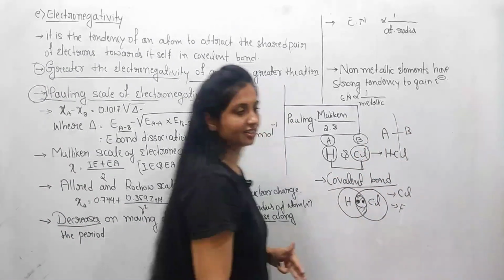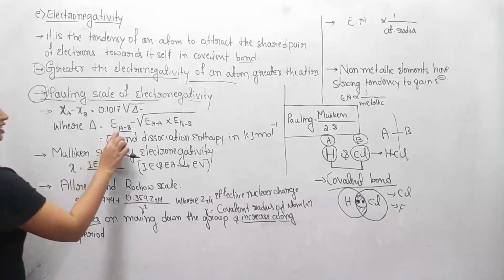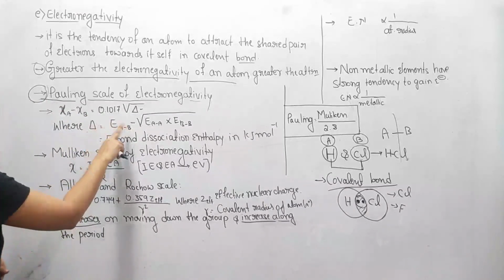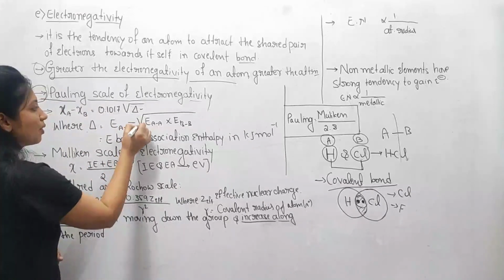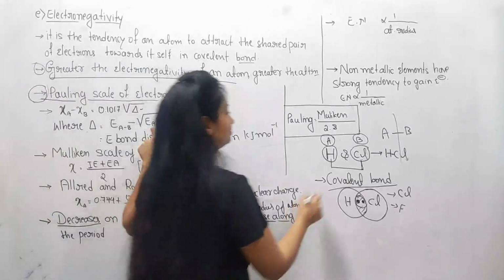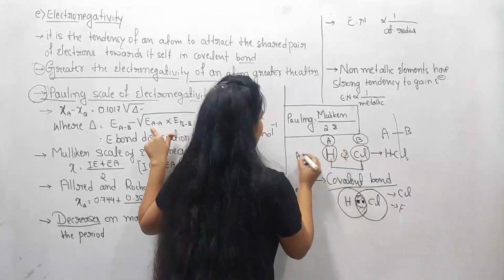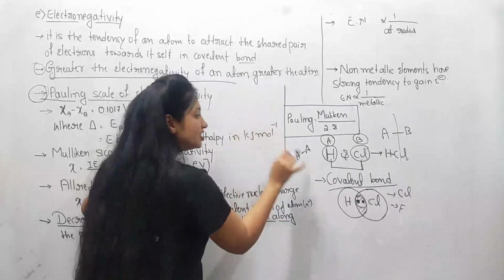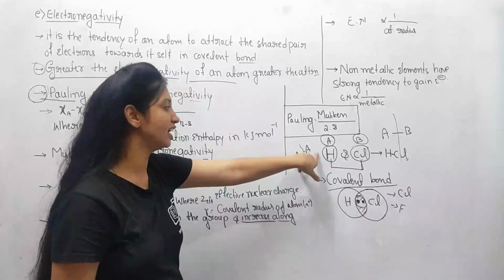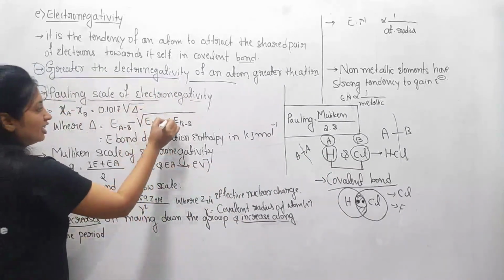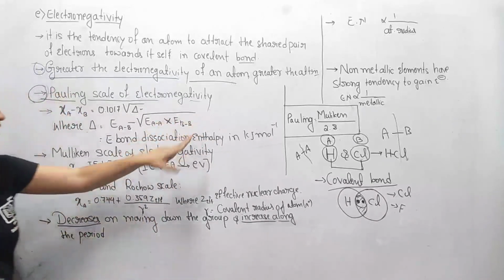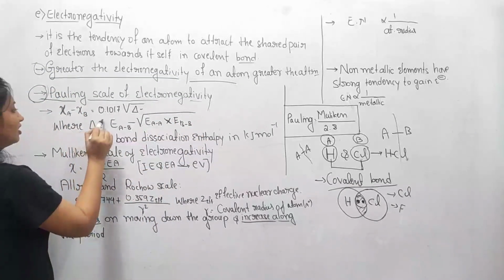Dissociation means break. Just see here, delta is equal to the bond dissociation enthalpy of A and B minus the square root of the bond dissociation enthalpy of A to A, which means the energy required to break the bond between the similar atoms A to A, and into the bond dissociation enthalpy of B to B. So this is the formula for delta.